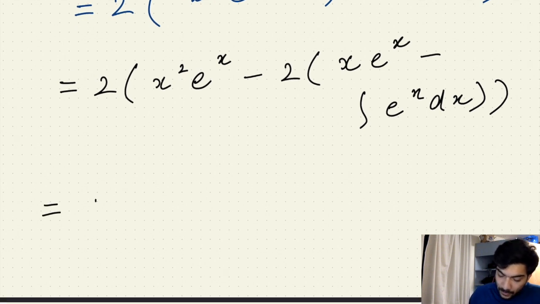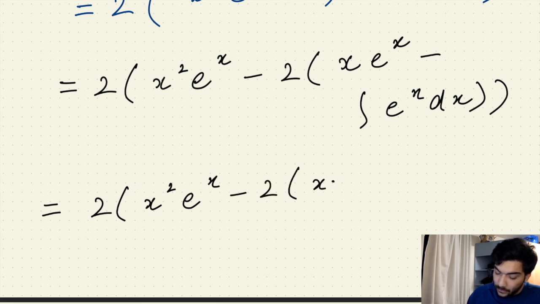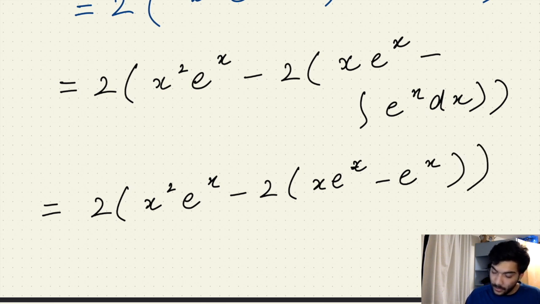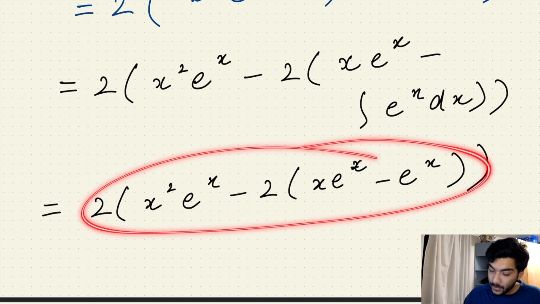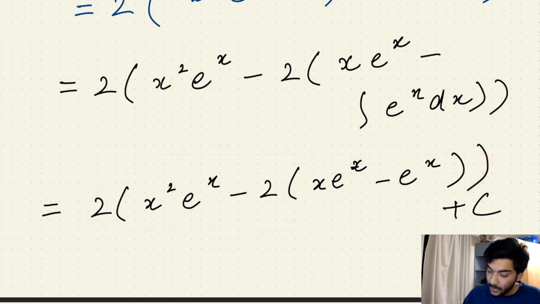So this would simply be 2 times x square e to the power x minus twice of x e to the power x minus e to the power x over here. And now, since we have got rid of all those indefinite integrals over here, in this expression, we'll add the constant of integration at the last.